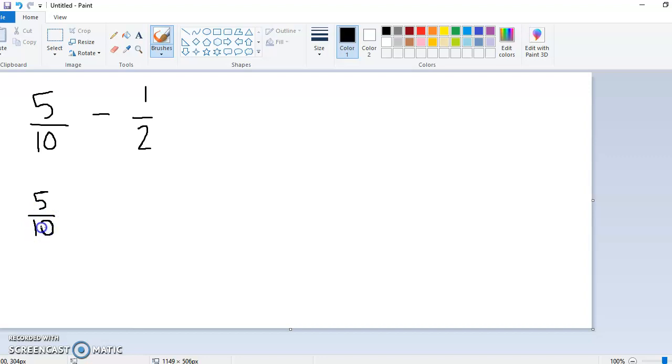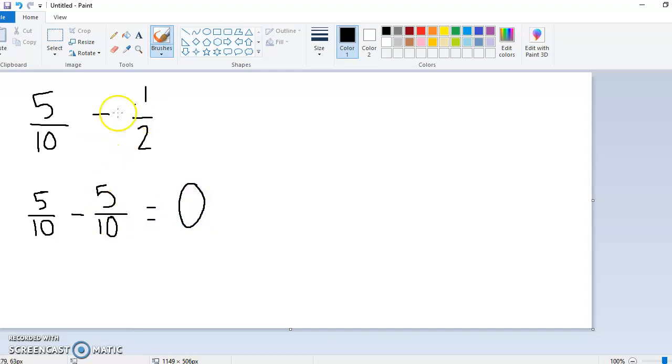Keep that subtraction sign as well. And then I know that 2 times 5 will result in 10. So I multiplied my 2 by 5 to get 10. Then I need to multiply my numerator of 1 by 5 as well to keep it even. So 1 times 5 is 5. Look at that, 5/10 minus 5/10. I actually get the answer of 0.